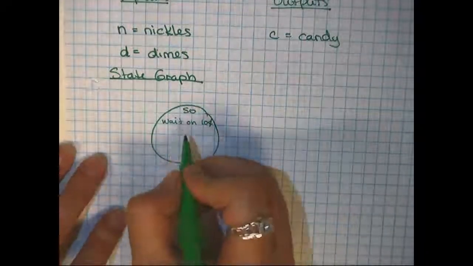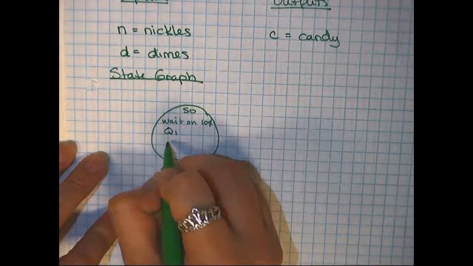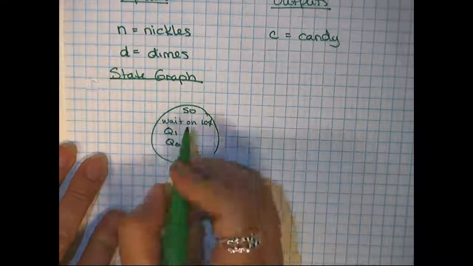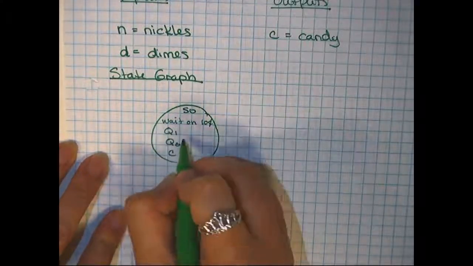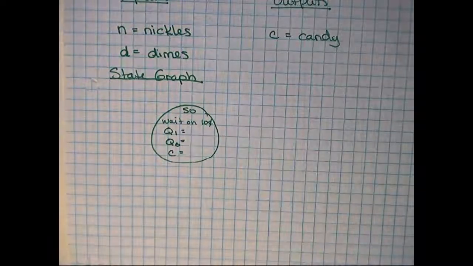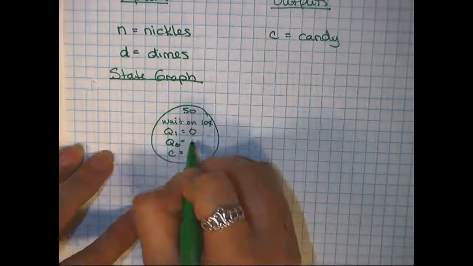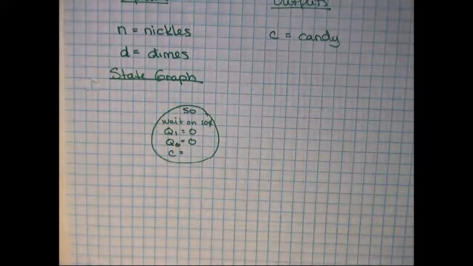And then we need to put Q1, Q0, and we're going to add here what our C is. So for state 0, what was Q1 and Q0? 0, 0. And at this point, do we get candy? No.